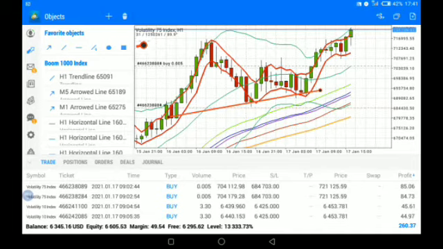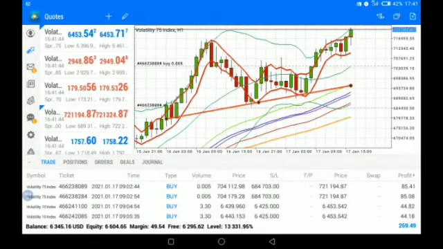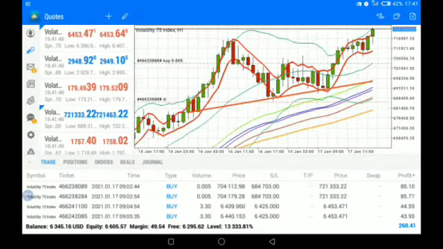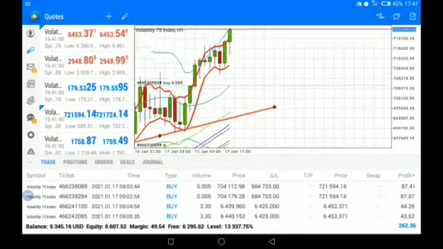I took this trade because of the double bottom. Like I said, I believed it was going to break resistance, and that was actually what has happened. You can see price has broken resistance already.